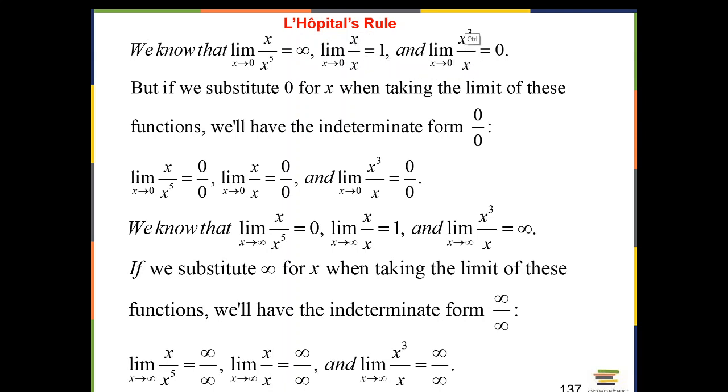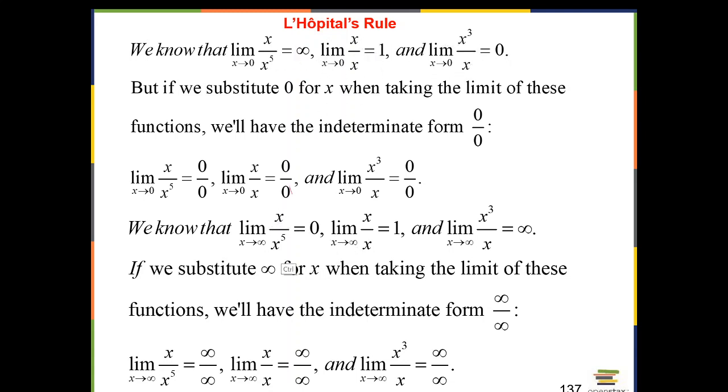And in this one, if we cancel x, we get 0. Now notice that if we substitute 0 for x in all three of them, we get 0 over 0. But look, the answers are completely different. So three different answers coming from the same structure, 0 over 0.